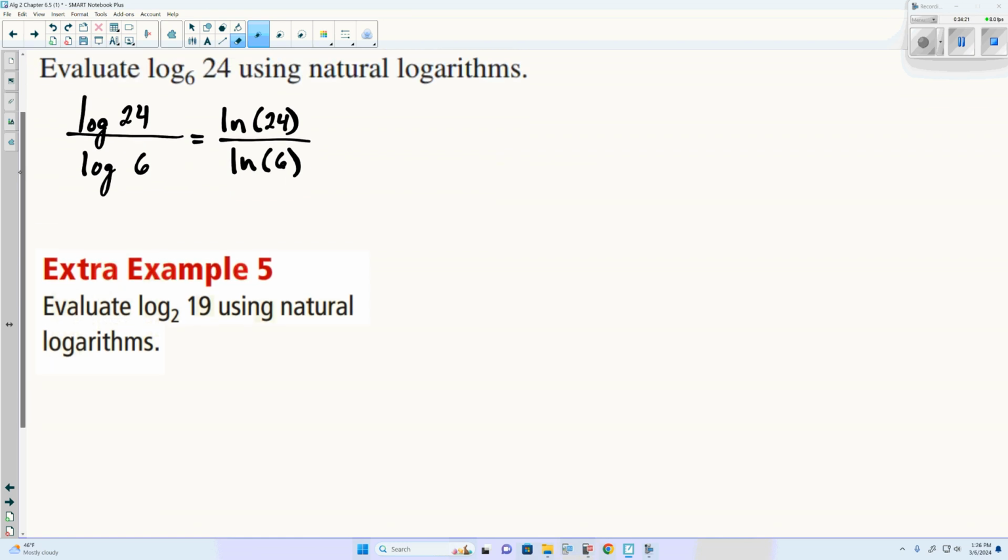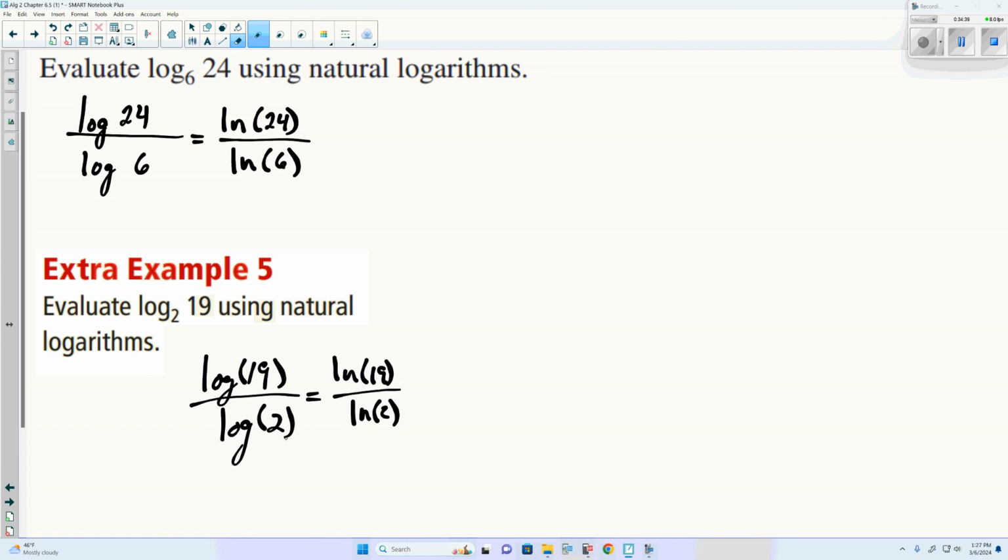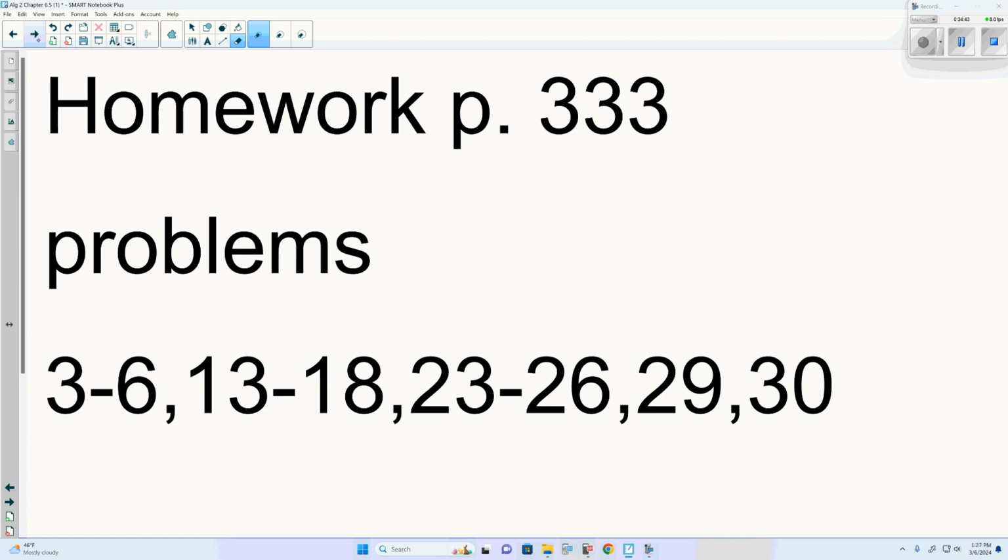Last one, log of 19 over log of 2. Questions? That's it.